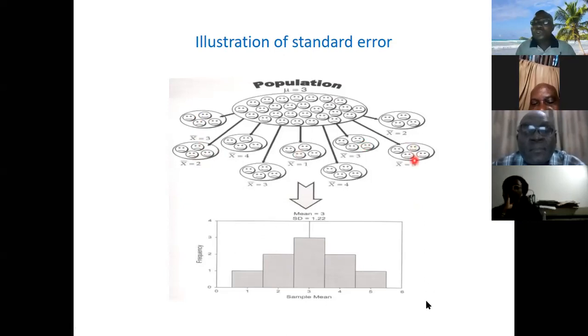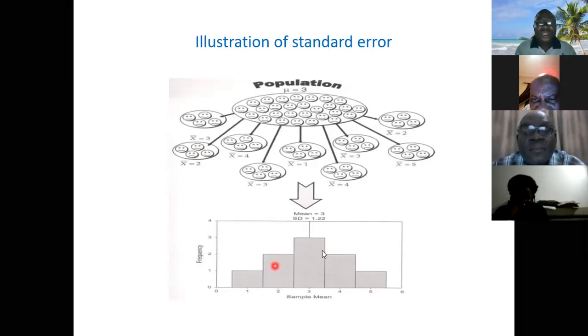If you now plot how many have average 3, how many have average 2, you see only one has average 1, 2 have average 2, 3 have average 3, 2 have average 4, and only one has average 5. If you plot it, you see that it goes up and comes down.